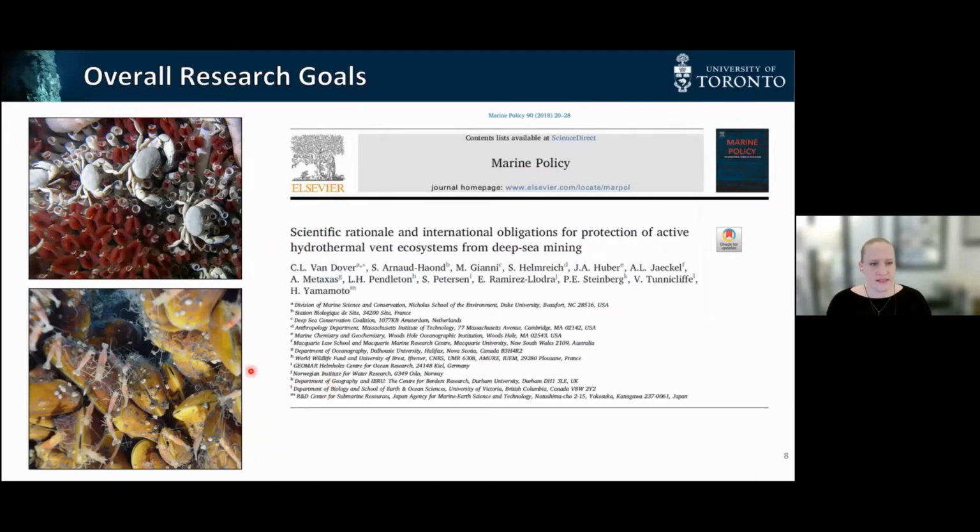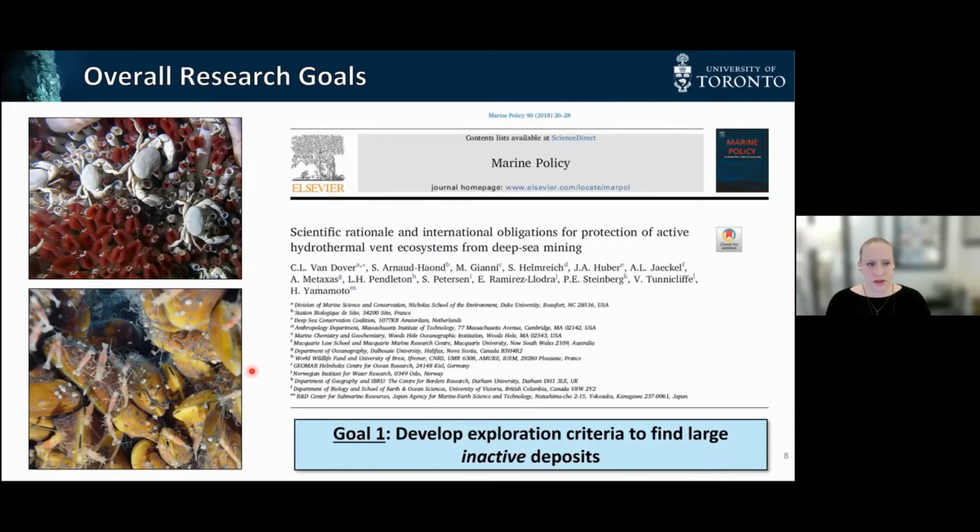So I guess this is the first goal. This is the goal of my overall research program that will be the focus for the rest of my career. It's not a goal that I'm going to answer in the short term, but how do we develop exploration criteria, not just to find large deposits, but large inactive deposits that could hypothetically have lower environmental risk.